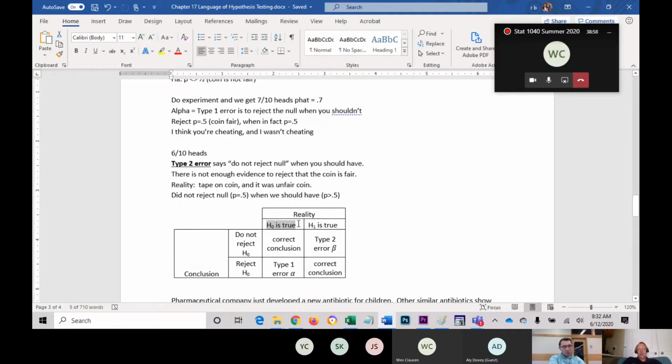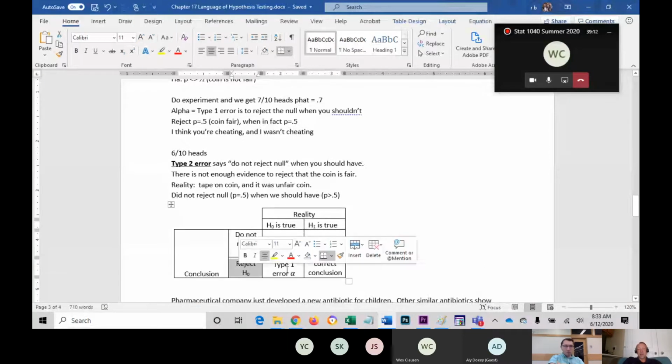It could be that the coin is fair, and you do not reject the coin as fair, and so that would be a correct conclusion. It could have been that the alternative was true. The coin was not fair, and you properly rejected the null. That would also be a correct conclusion. Okay? Now there's two ways you can be right.